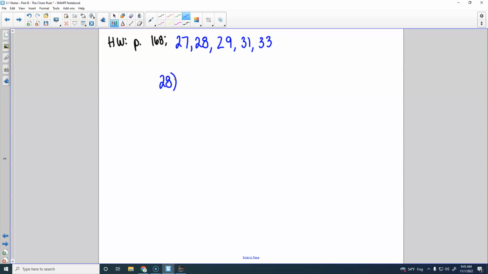So for 28, you should get 4 minus x to the 4th over the square root of x to the 4th plus 4 to the 3rd power. And then the rest of them are odd, so you can check the back of the book for those.